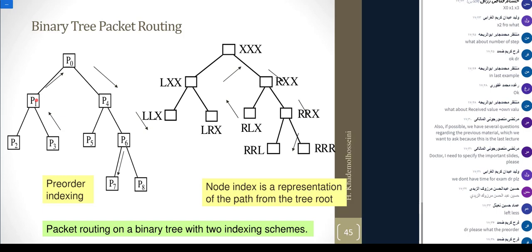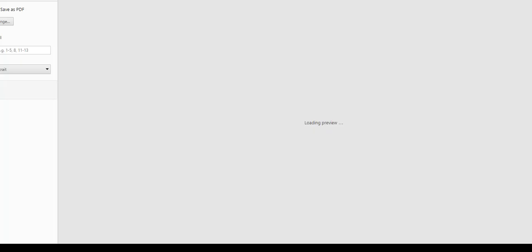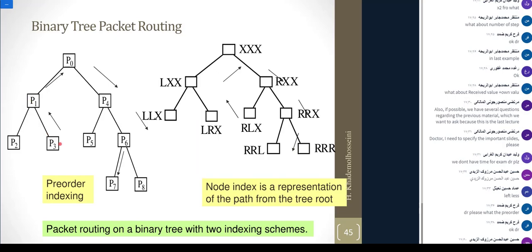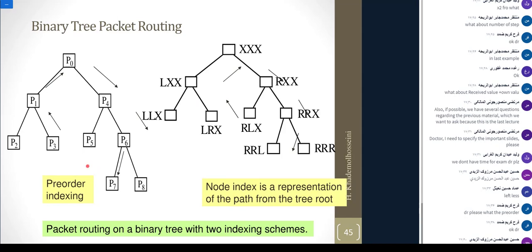It means the maximum index of the right subtree. We name it max R. What is the max R of P1? P3. Max R of the P1 subtree is P3. So the max R is 3.